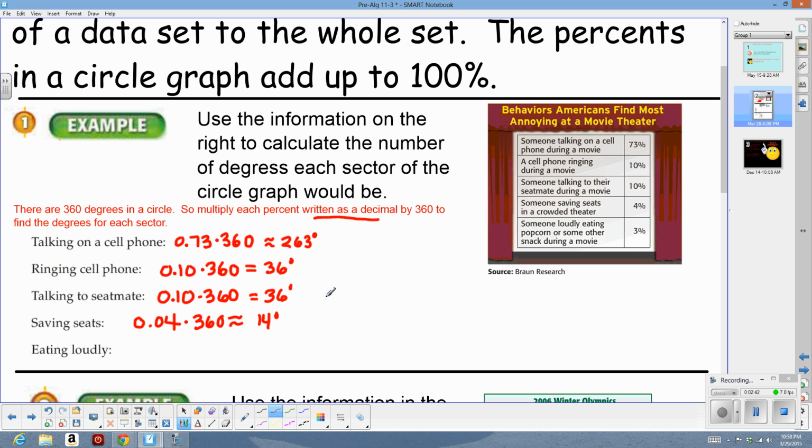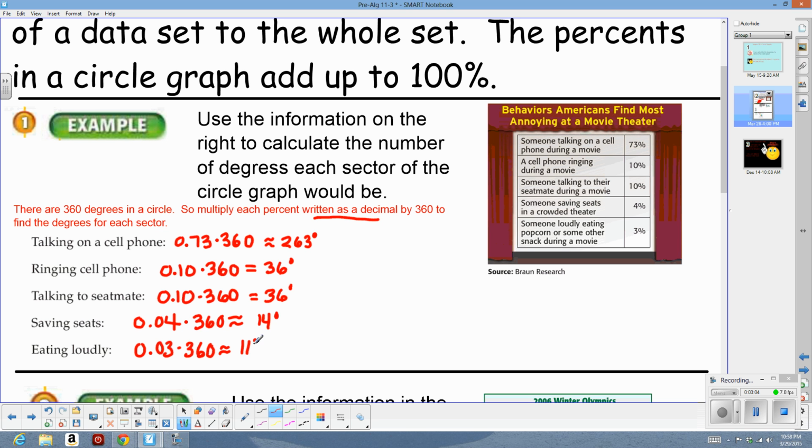And then eating loudly is 3%. So 3% as a decimal is 0.03 times 360. That's 3% of 360, and that's going to be about 11 degrees.